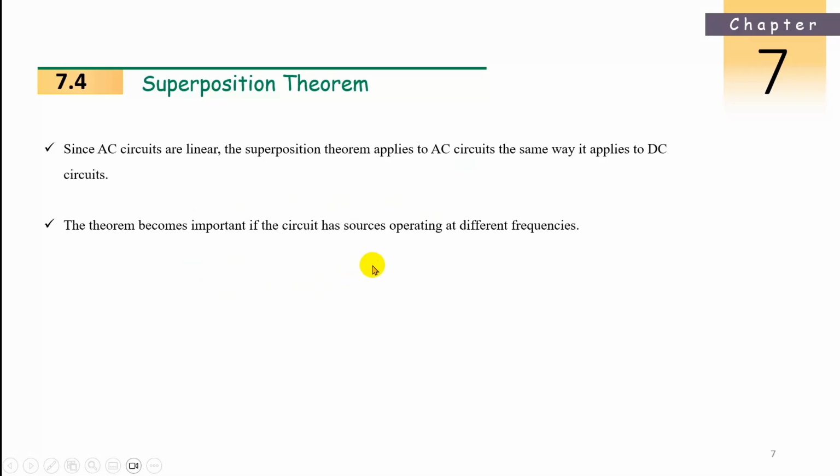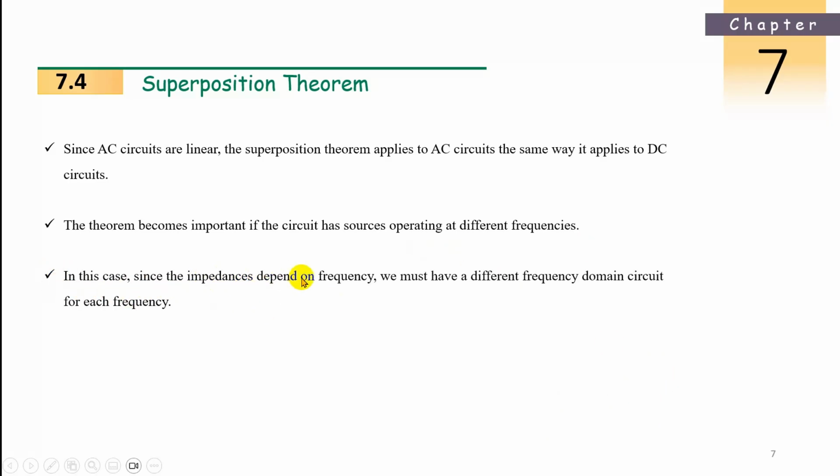While converting from the sinusoid to the frequency domain, you have to take care of these frequencies. 5t and 4t are different, so the reactance values of the inductance and capacitance will change because of these frequencies, omega t. Omega is frequency, right?